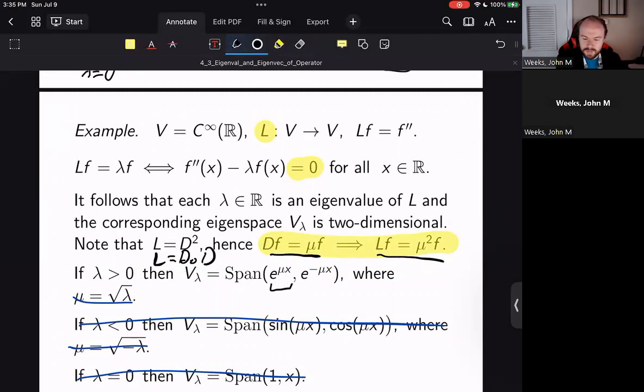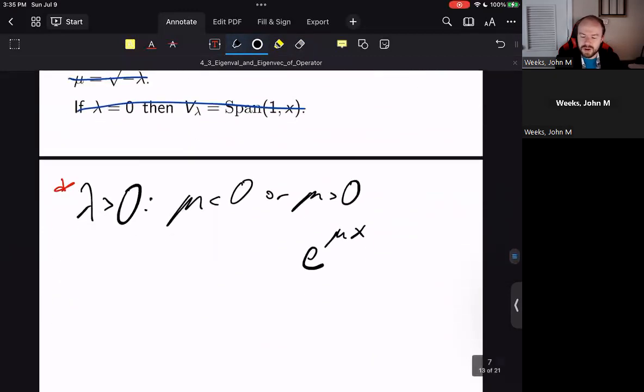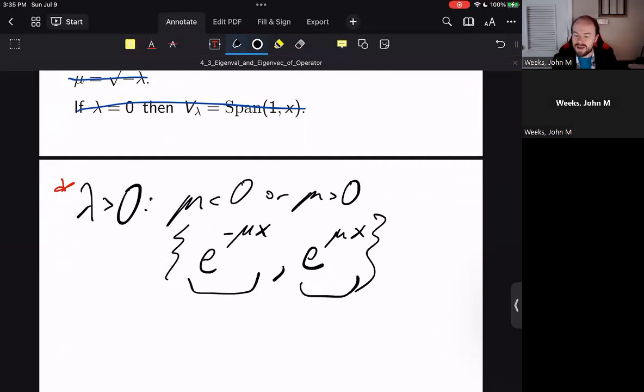Now, here we're defining μ to be the positive square root of λ. So we're also going to make sure that we're including things like e to the negative μx. If λ is specified, then these are two different functions. Both of these values square to give me λ. So I'm going to have two different functions here in my space of eigenfunctions, e to the negative μx and e to the μx.